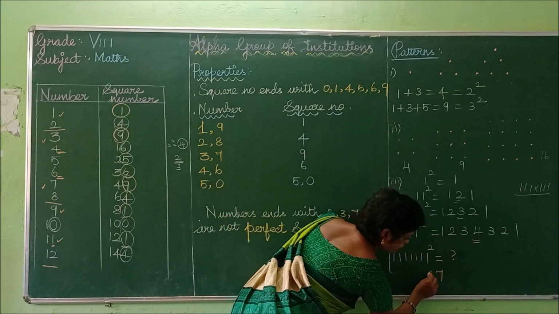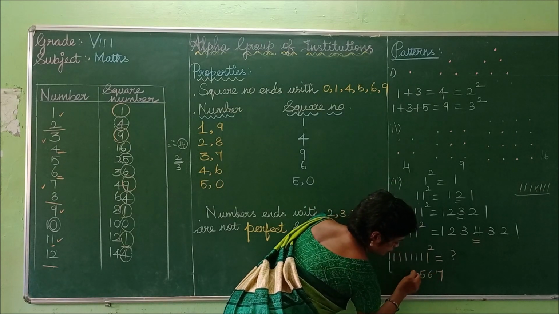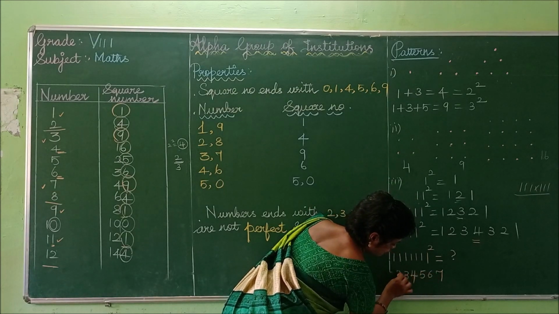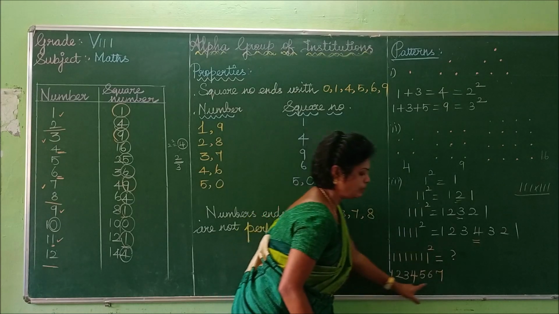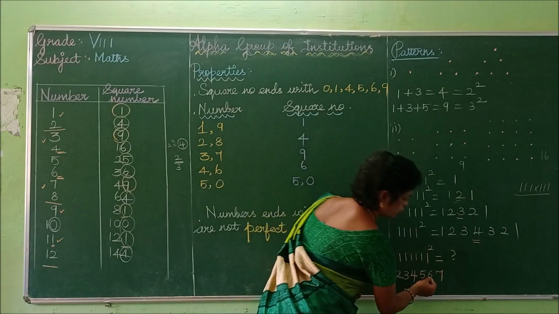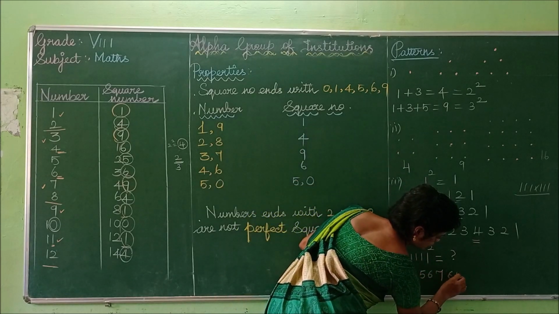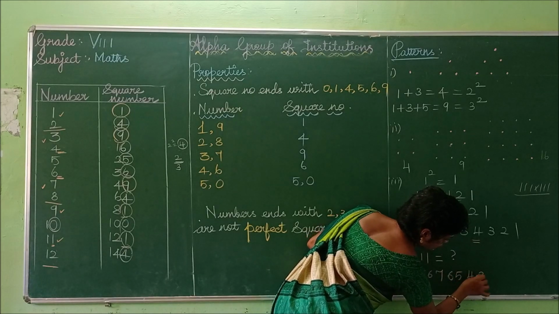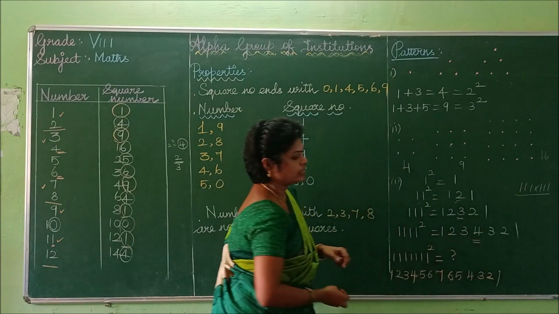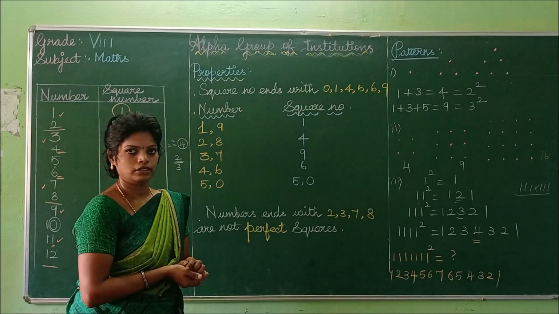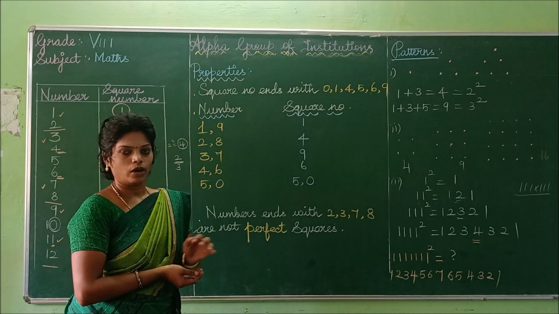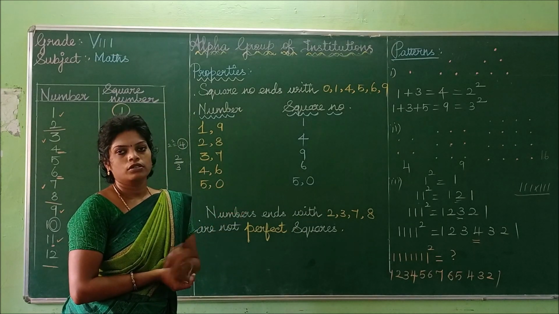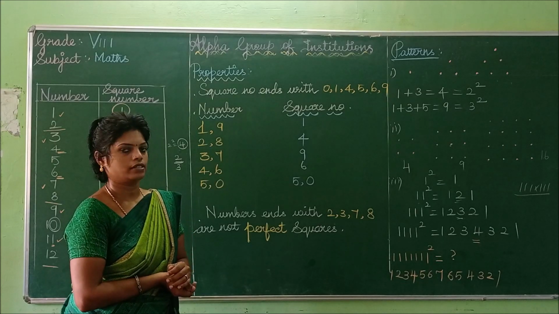So before 7, 6, 5, 4, 3, 2, 1. Similarly on the right hand side also, 7, 6, 5, 4, 3, 2, 1. So this is the easy way of calculating the square of 1 squared, 11 squared, 111 squared and likewise.